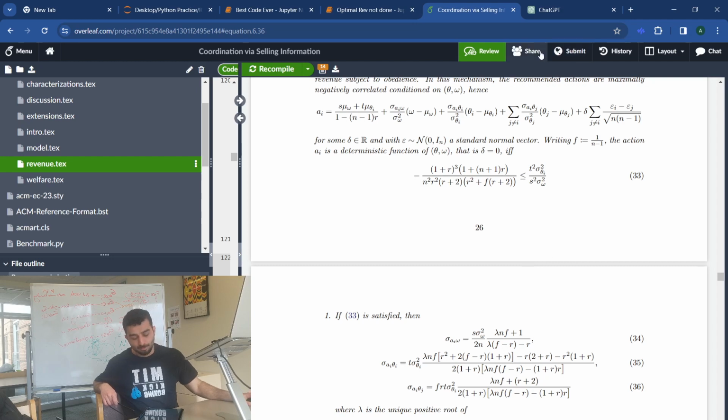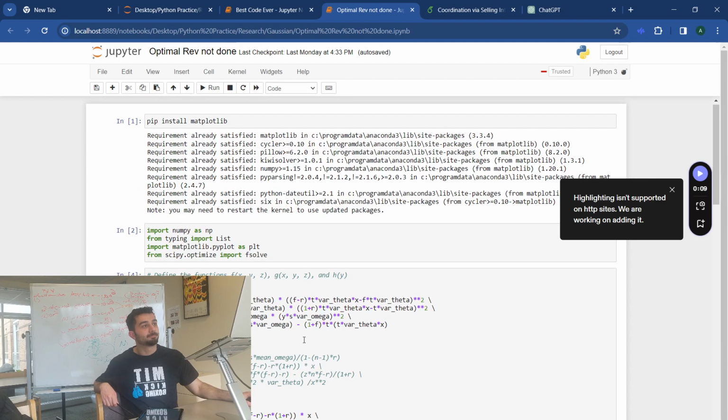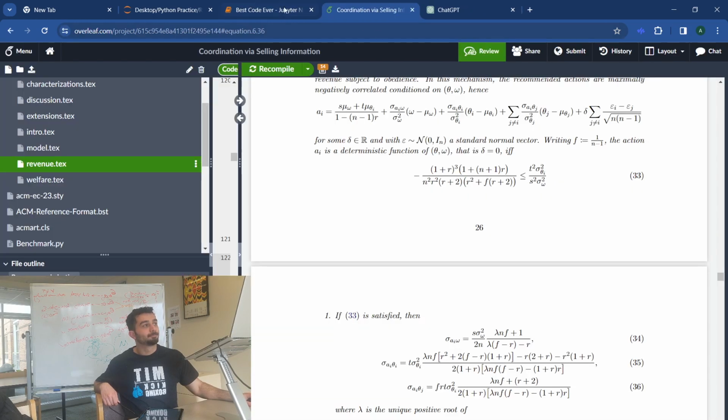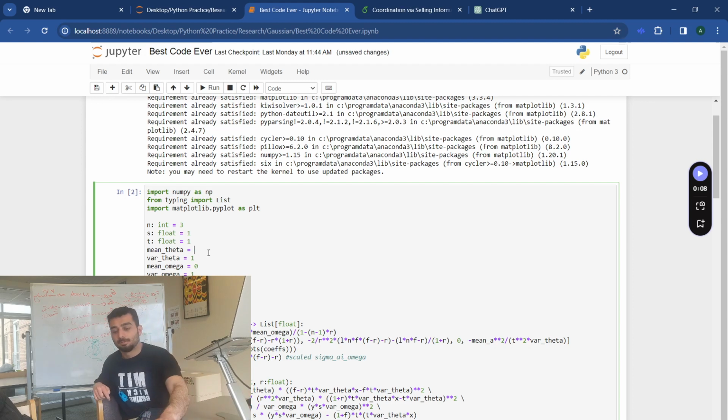Let's also play with other variables. So S is 1, T is 1, mean, I want to set it to 1.